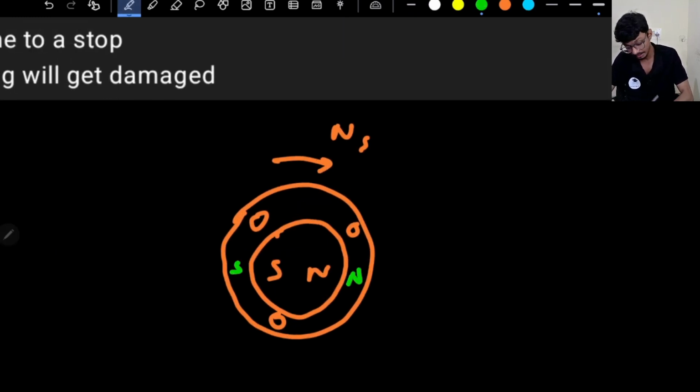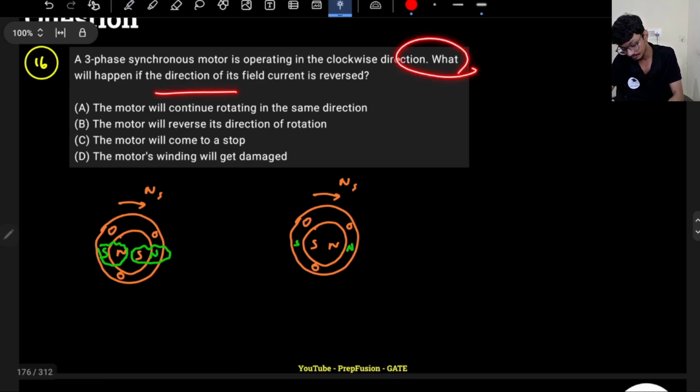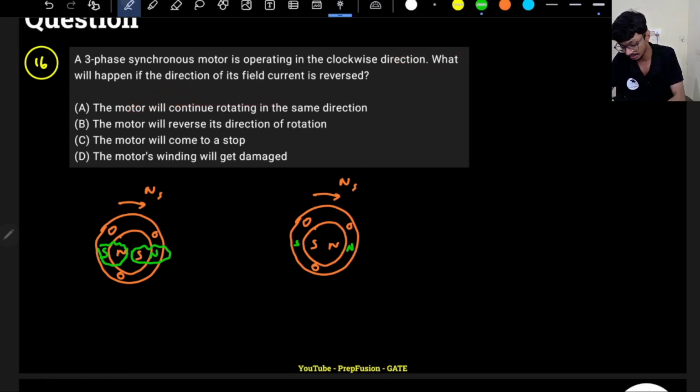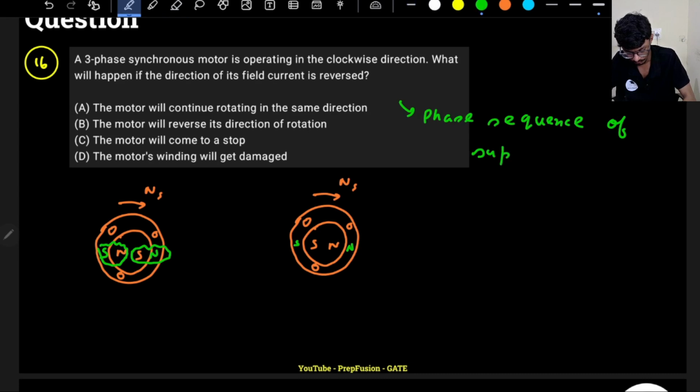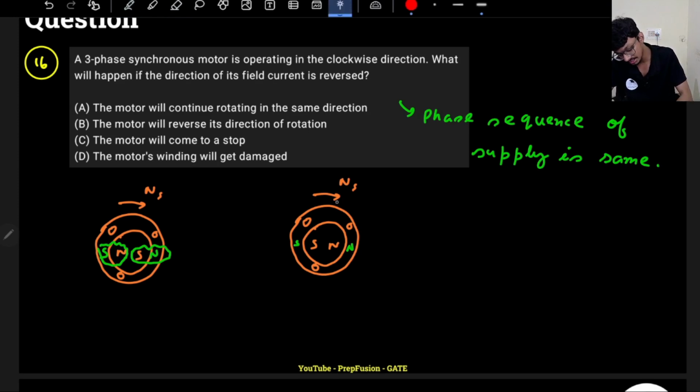What will happen? But remember, they are not discussing the stator current. So for the stator current, the phase sequence of supply is the same. So still the stator will rotate in the clockwise direction with speed ns.